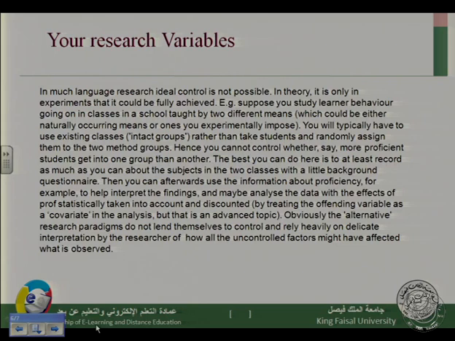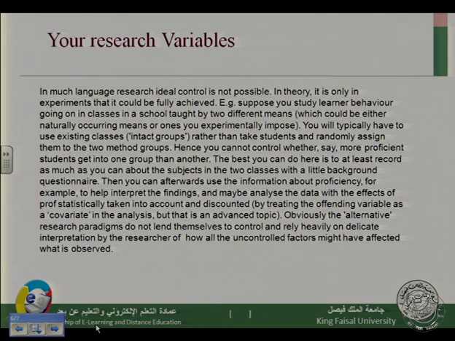You will typically have to use existing classes in text group rather than take students and randomly assign them to the two method groups. Yes, because in this example, you have two classes. You don't need to select them randomly. No, you will take the class intact as it is, the whole class.